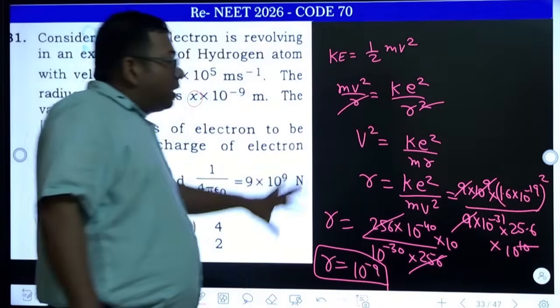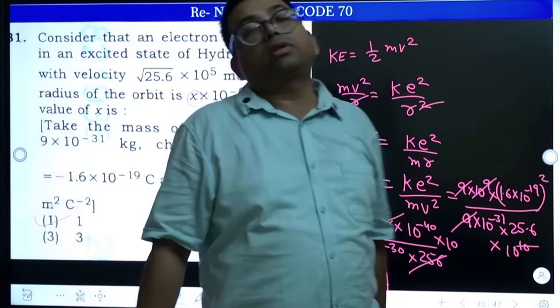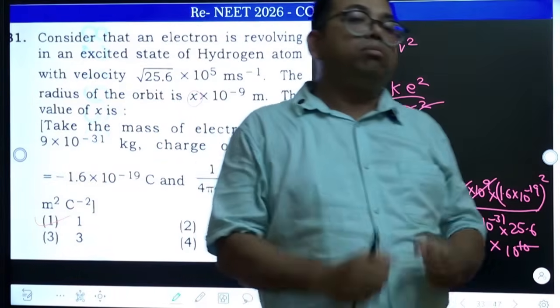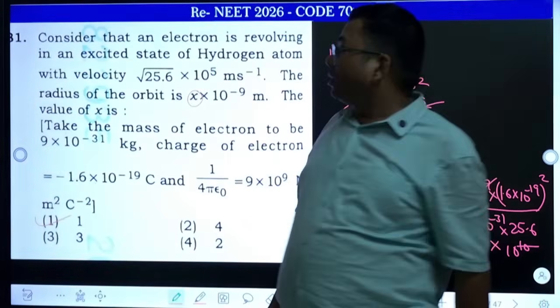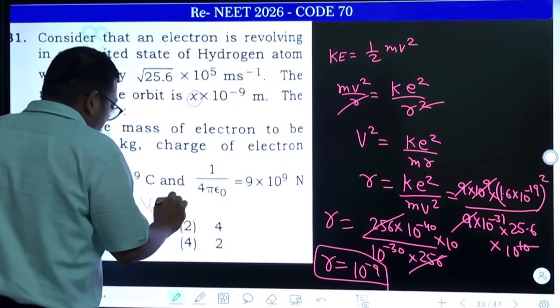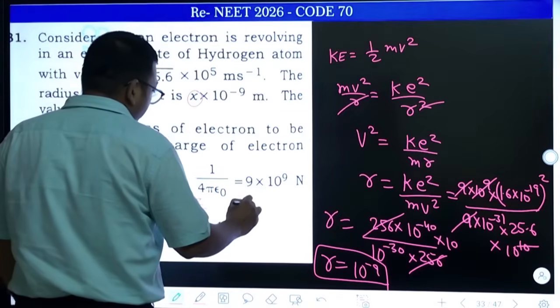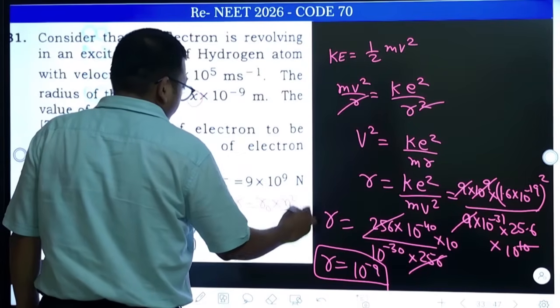I think this calculation can be reduced if you know the direct formula for that. That is why it is very important for NEET students to mug up the formulas. Mug up the formulas, right? Because there is a direct formula for velocity as v naught into z by n, and there is a direct formula for radius, r naught into n square by z.